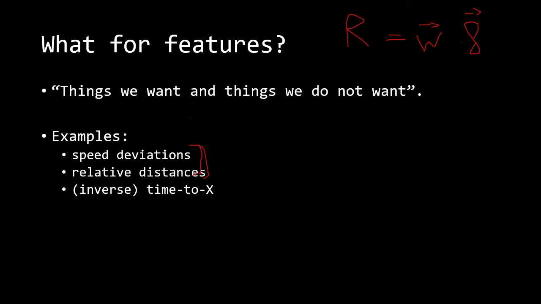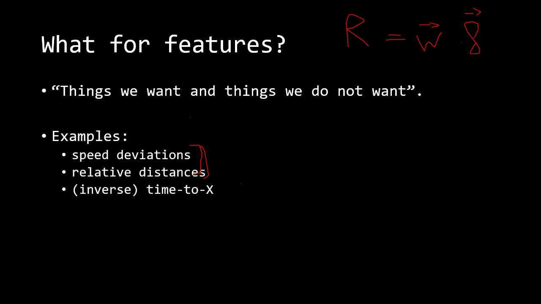But it also applies to speed deviation compared to the speed limit, speed deviation compared to the other participants' speed, and so on. The same applies even more to distances. You want the distance compared to the other objects you have detected, and so on. Based on that, you can derive time.